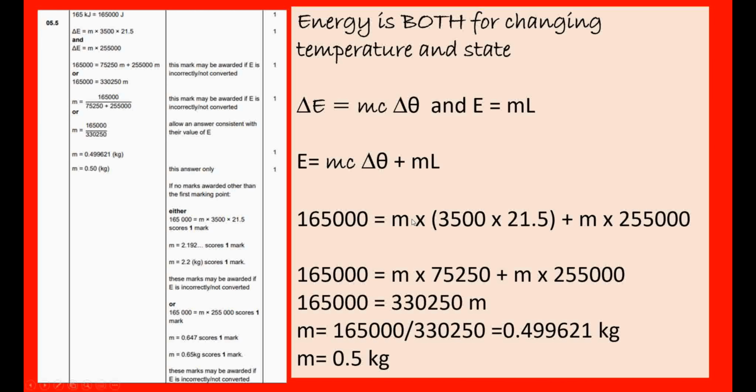And that equals, and then I substitute in my specific heat capacity and my change in temperature, and I add that to the energy needed to change the state, 255,000 joules per kilogram. Then I can simplify this, I can simplify it again, and then I can rearrange to get a mass of 0.499621 kilograms, and to two significant figures, it's 0.59. Now there are a number of places where you can get marks without getting the final answer.